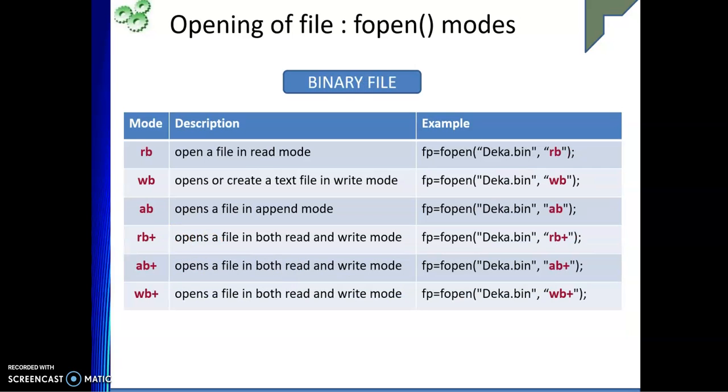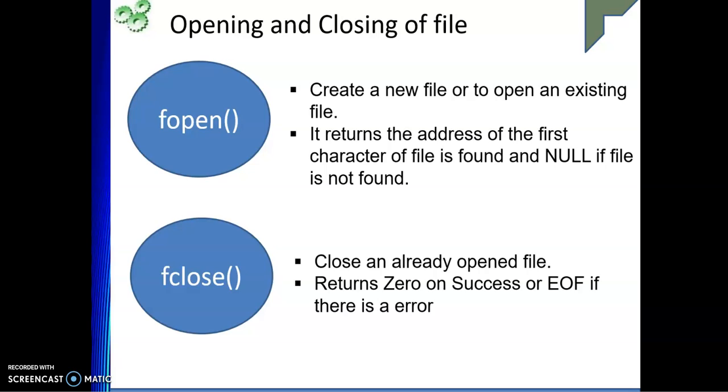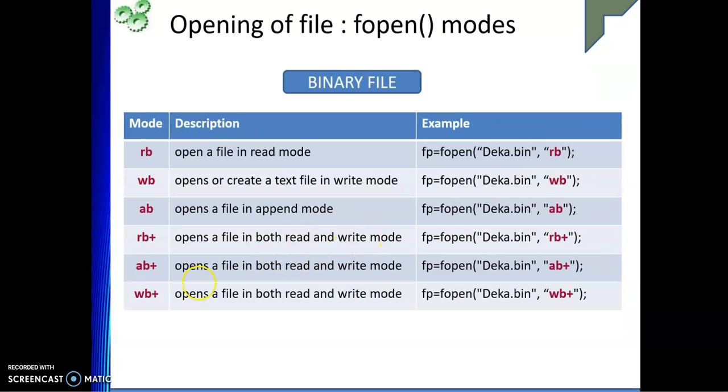For a binary file, just remember r for read and w for write, and add b for binary: rb, wb, ab. For both read and write, we can use rb plus, ab plus, and wb plus. I hope you have understood what a file is and how to open and close a particular file. Thank you so much.